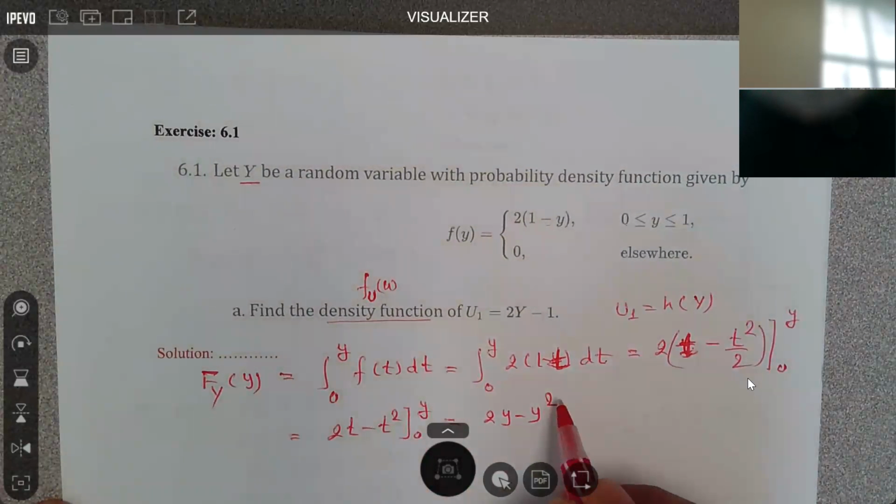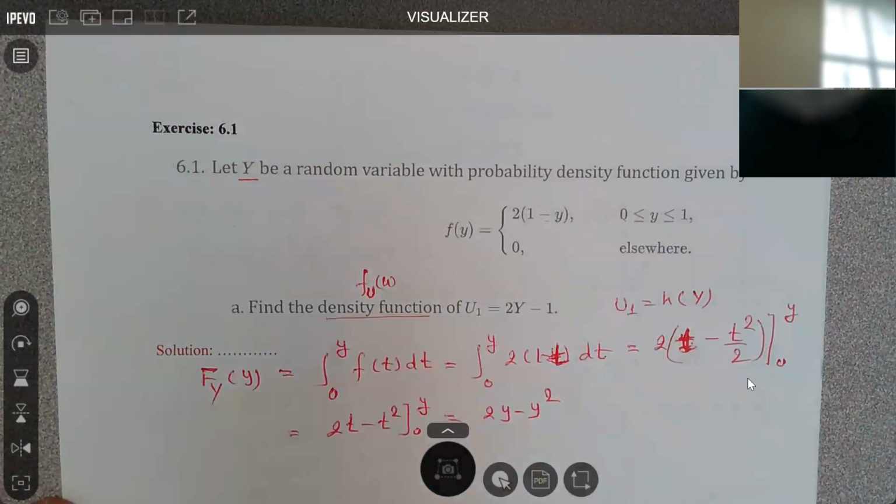So that is the CDF F_Y(y), right? Therefore F_Y(y) equals 2y minus y squared, and y lies between 0 and 1.